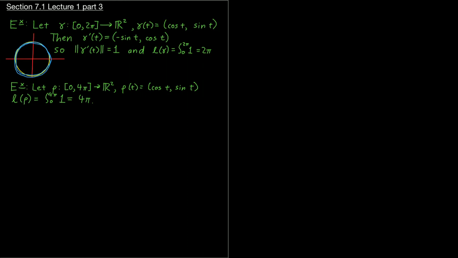So the length of a curve takes into account not just what the image of the curve is, what points you actually touch, but how many times you go over them, how many times you cross any given point. That's why this second parameterization, which is still giving us the circle, but twice, has length 4 pi instead of 2 pi.